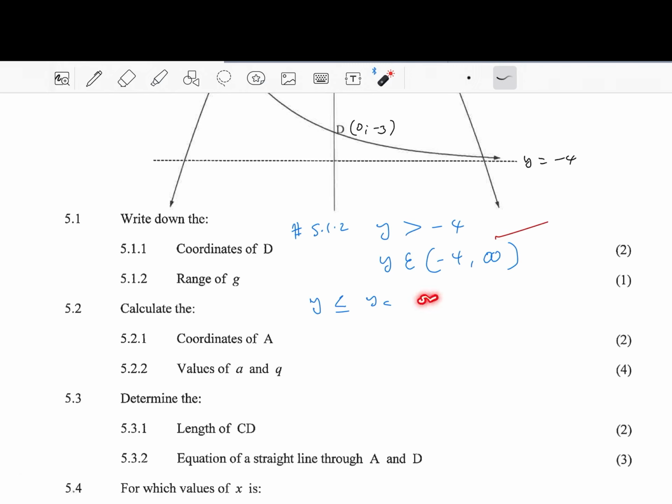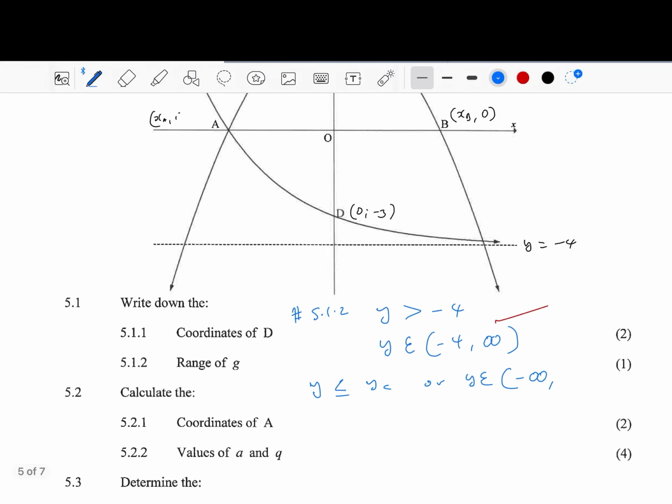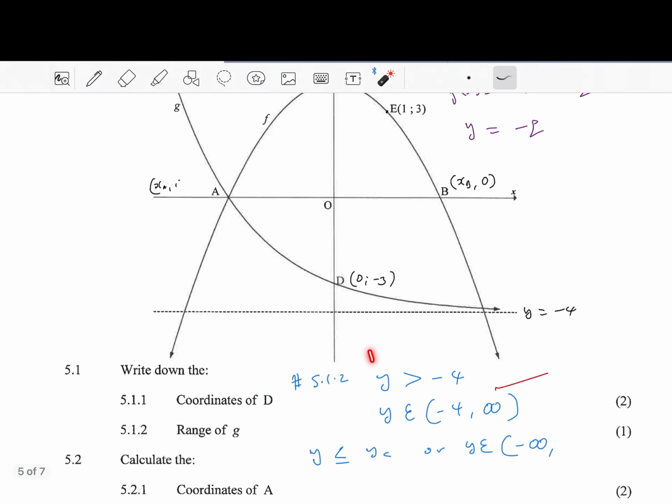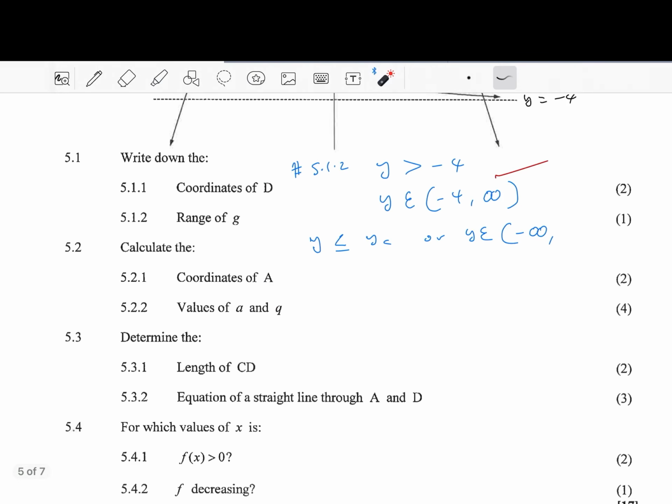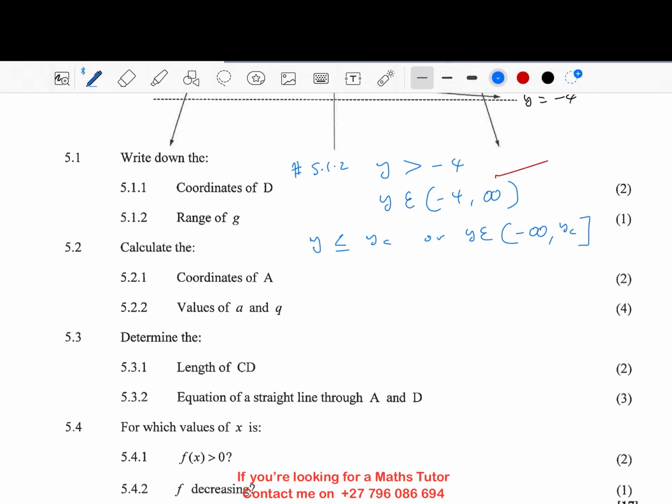And you can write this as y is an element from negative infinity to the y value of c, and you close it. This and this are the same representation.